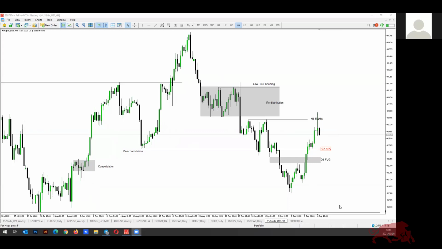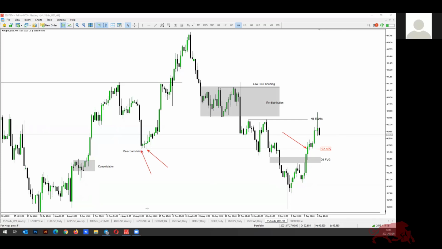And I was expecting price to drop. Yeah. Now, once price traded to this level, this H4 candle here that closed above 92.465 would have violated that move. The reason why I didn't pick 92.50 was because of this reaccumulation down here.